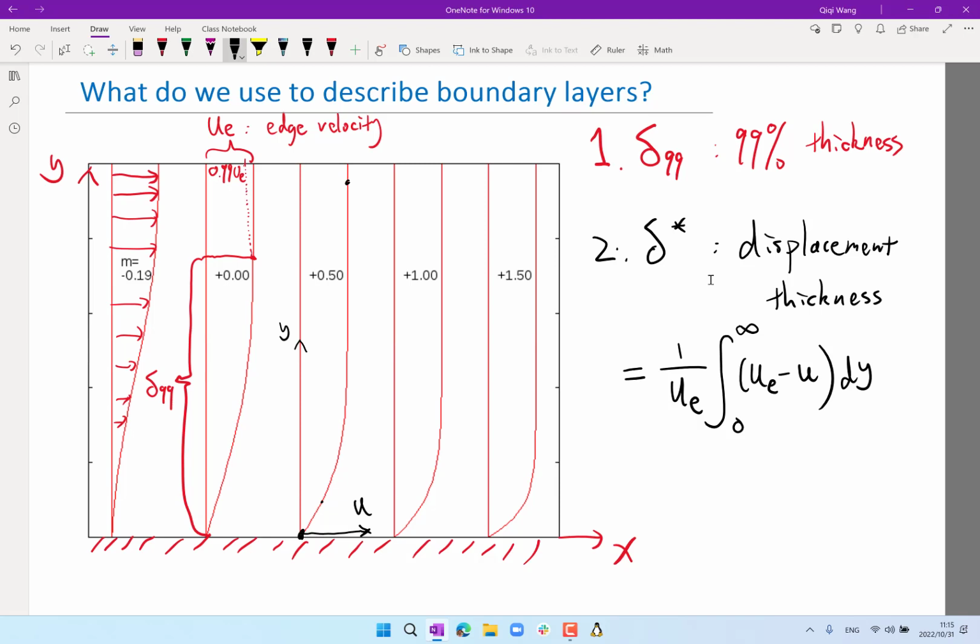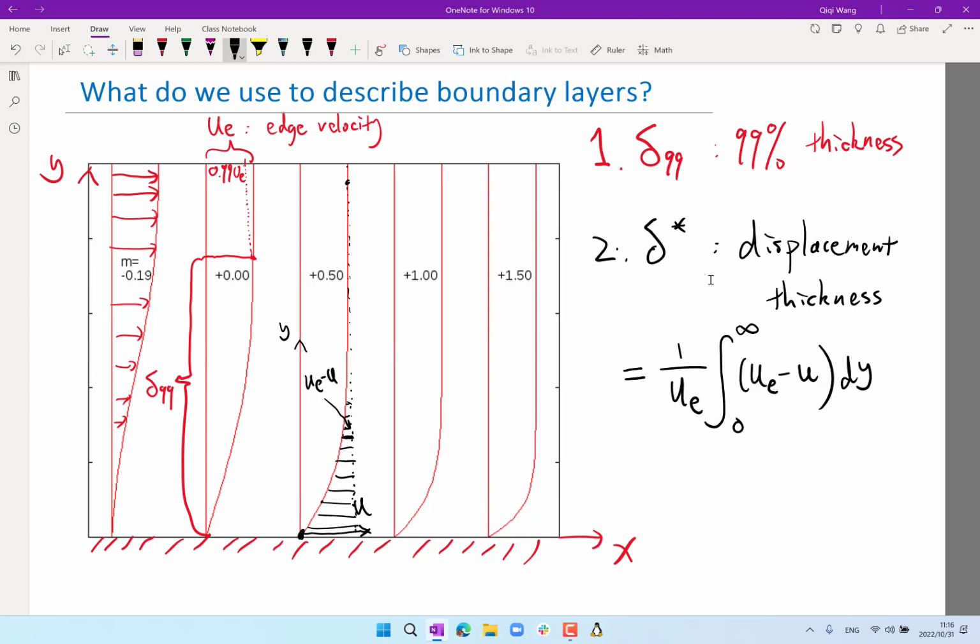So on this plot, what is ue minus u? If you draw a vertical line where u is equal to ue, the gap between that vertical line and the red profile is ue minus u. That's the gap between ue and the actual velocity in the boundary layer.